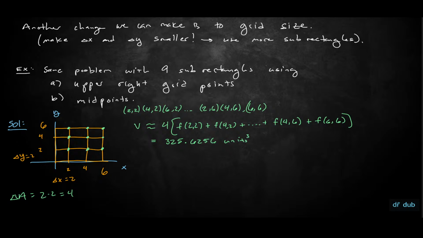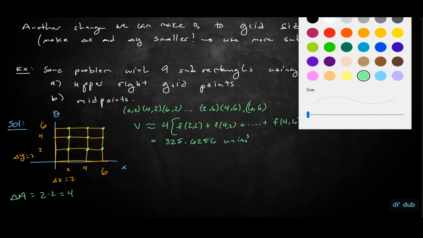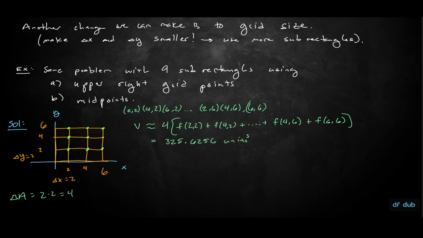So it's better than the 4 rectangle upper right grid points, but it's still not as good as midpoints with 4. So let's see what happens if we use midpoints with 9 rectangles. So we're going to get these midpoints, and our midpoints are 1, 3, 5.